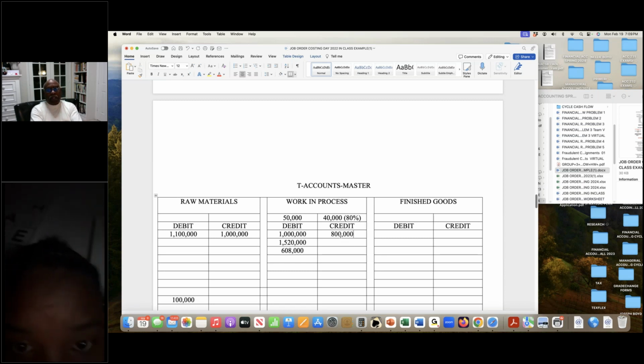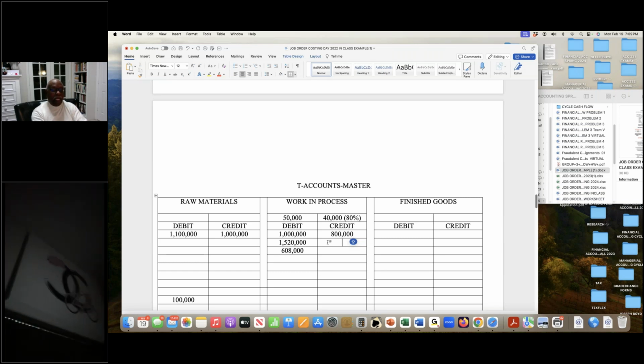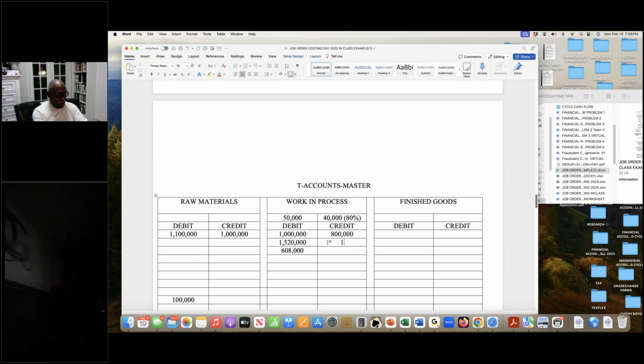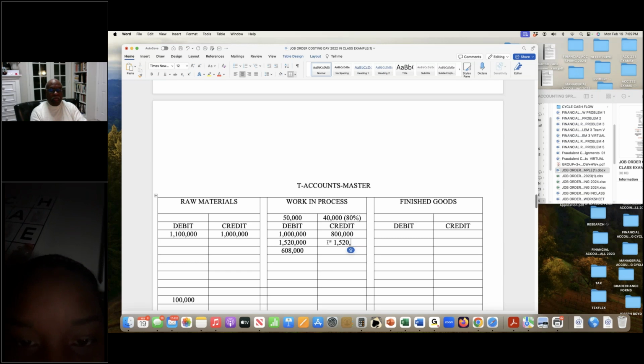The rest of the raw materials will stay there to be finished next time. But we take out all of the labor, because the workers have been paid. Overhead goes with that, because the property taxes and utility bills have been paid.